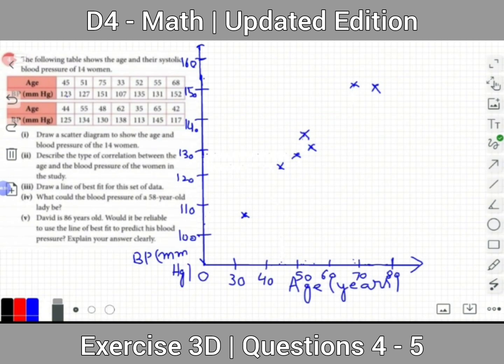Now for the next ordered pair 44 and 125, here we have 44 somewhere here. From 44 to 125, here we have somewhere 122, 124, 125 here. So we will put a cross here.